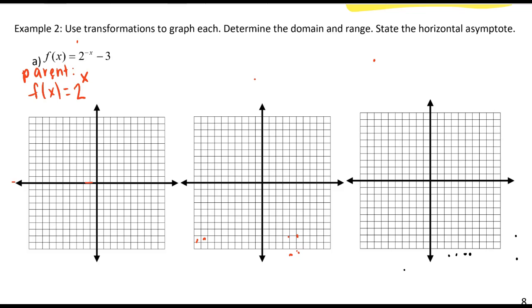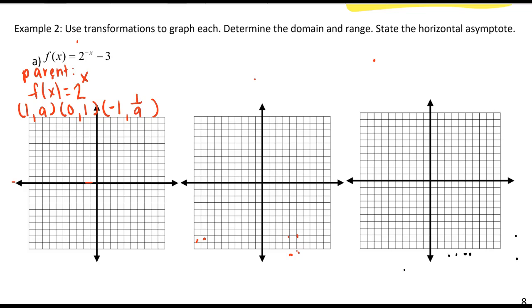You have 3 points. Your 3 points will always be 1, comma, base; 0, comma, 1; and -1, comma, 1/base.